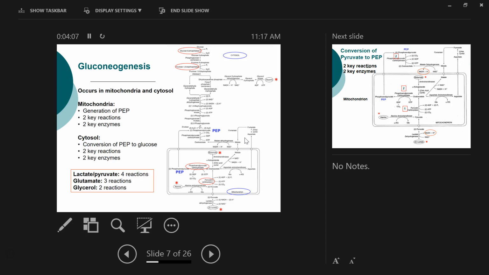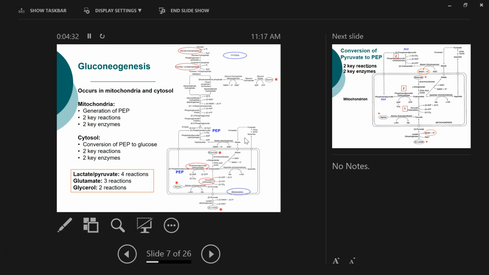And this is just an overview of these four bypass reactions in gluconeogenesis. Two occur in the mitochondria, and the other two in the cytosol, and whether gluconeogenesis will go through all four reactions or just three or two depends on the precursors, right?